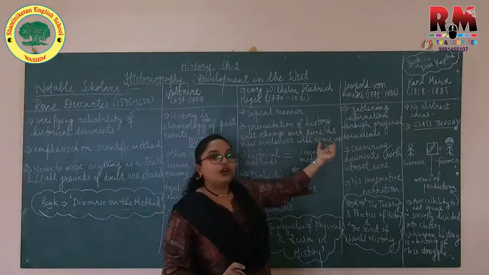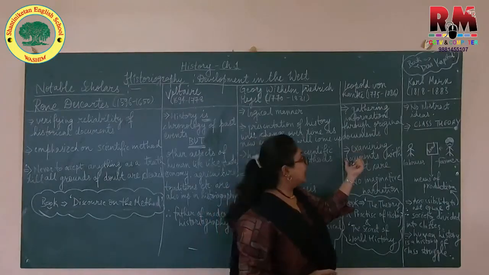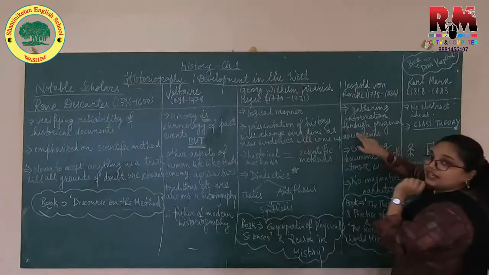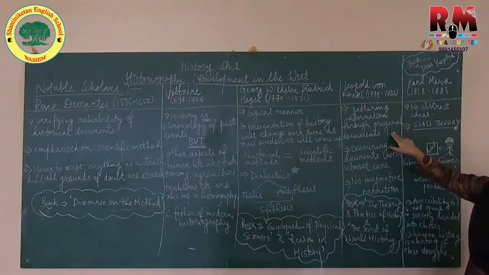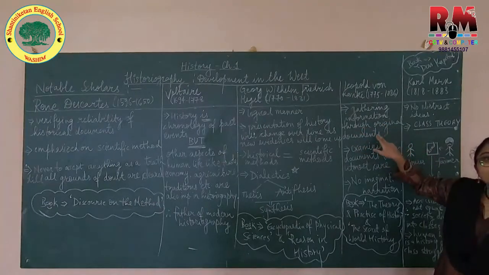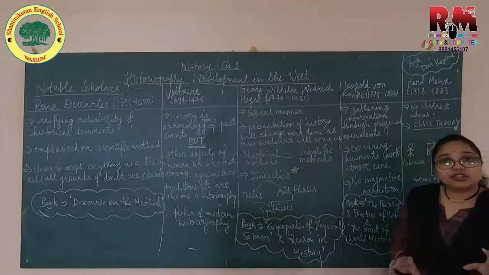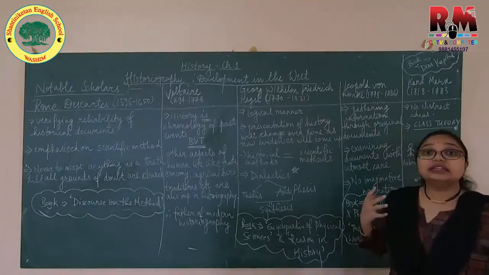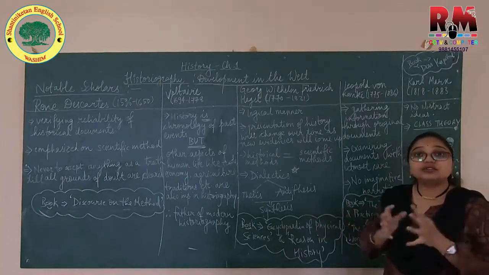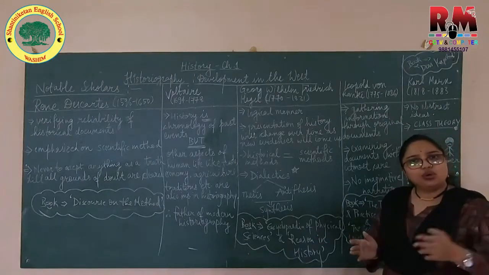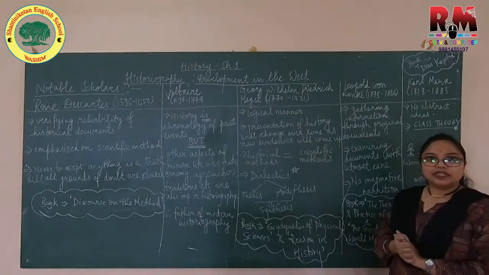Leopold is telling you the same thing: the documents from which you gather historical information should be original ones. Not only that, you have to examine and handle those documents with great care and go through them thoroughly.